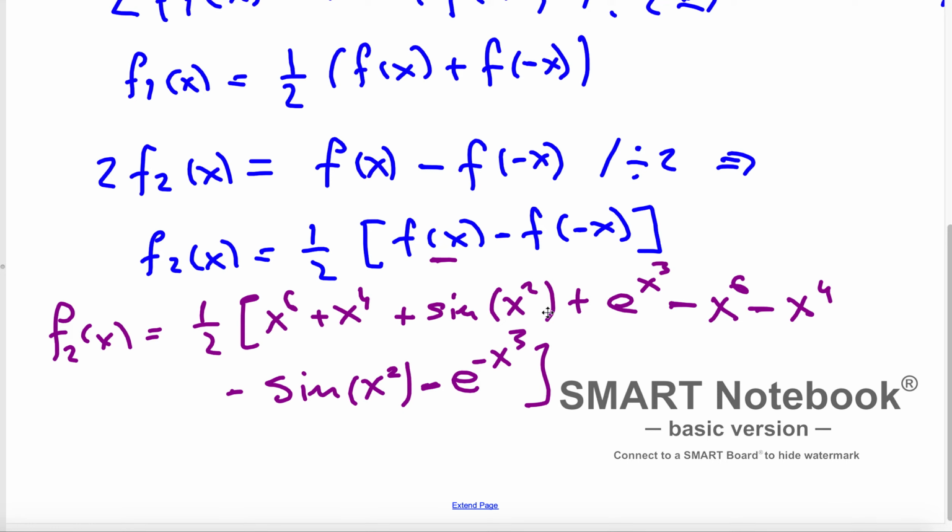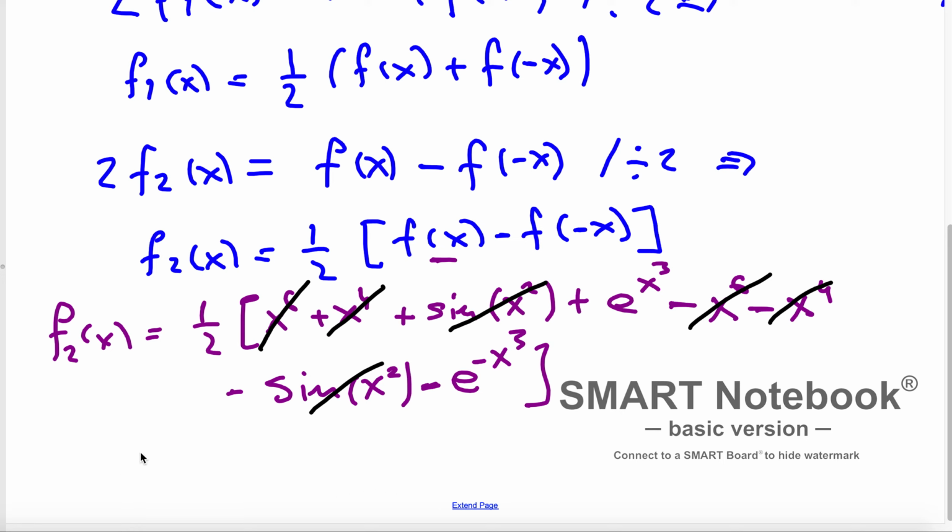And now we are looking at what we can simplify. What we have here, we have x to the 6 and minus x to the 6, we can cancel; x to the 4 minus x to the 4 we can cancel; plus sine x squared minus sine x squared we can cancel.